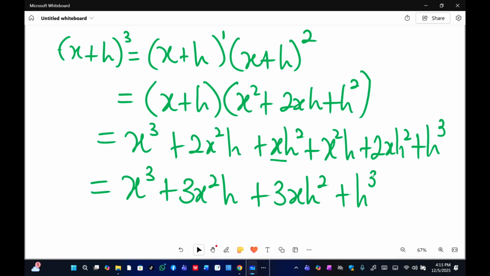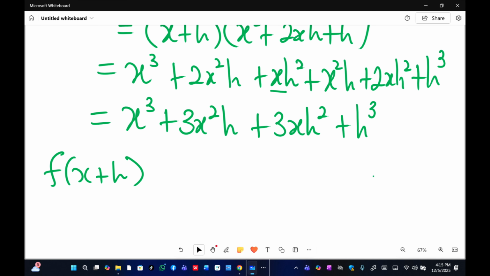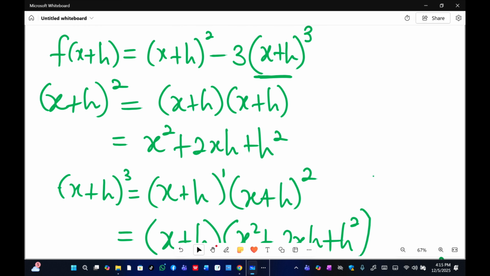All right, so we can bring the two together. So we are now going to get our f of x plus h to be the result from the x plus h squared component.